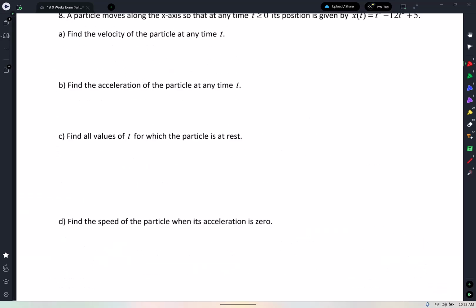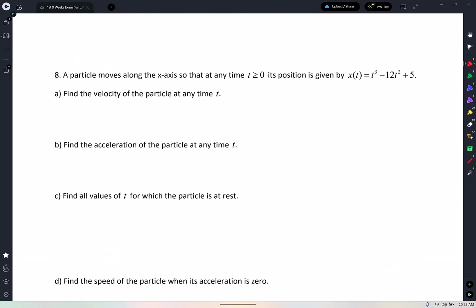Here we go. A particle moves along the x-axis, so that means it's either moving left or right. So that at any time t greater than or equal to 0, its position is given by, and this is my position equation. It just tells you where you are on the x-axis. Notice it says x of t.